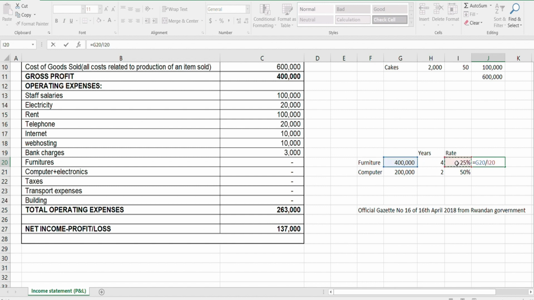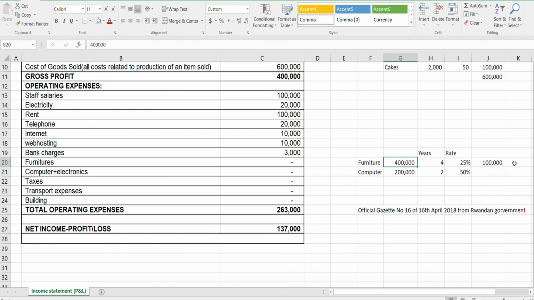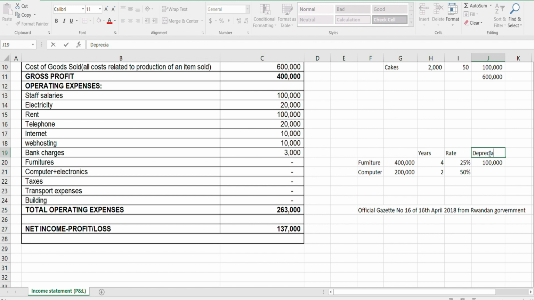That means every year 100,000 is deducted from the value of these assets, which means that after 1 year your furniture in your office will not have a value of 400,000, it will have 300,000. This is the original value minus the depreciated amount.